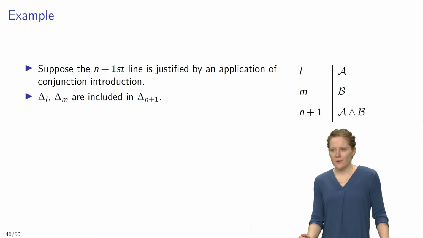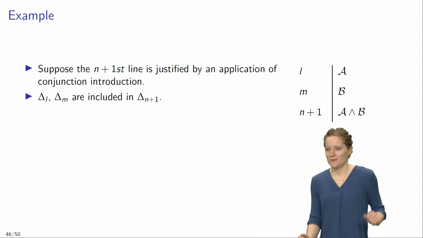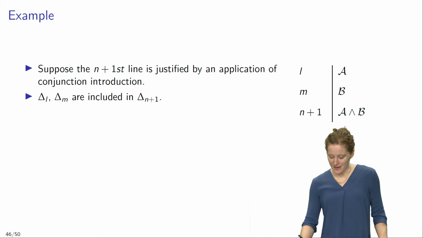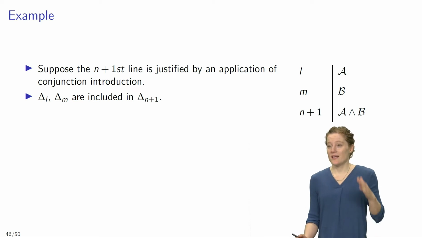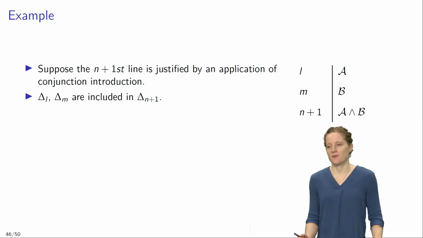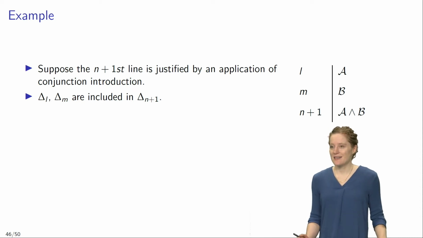Well, the only way for this general statement to fail is if line L and M were in a subproof that is closed before we get to line n plus 1. But according to our restrictions and constraints on the proper use of subproofs, you cannot cite individual lines from within a subproof after that subproof has been closed.